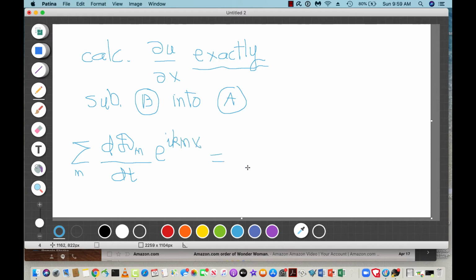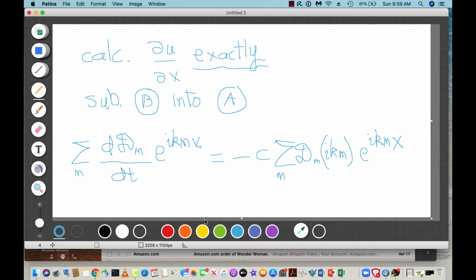And then on the right-hand side, this is equal to negative c times the expansion, again over m, of the derivative. So D is still in there, and the derivative of e to the i k_m x with respect to x is i k_m times e to the i k_m x.